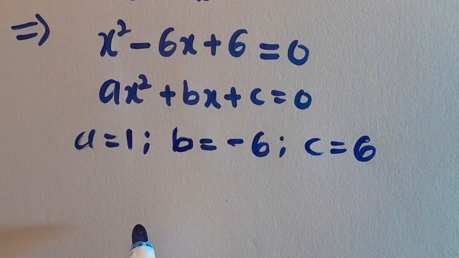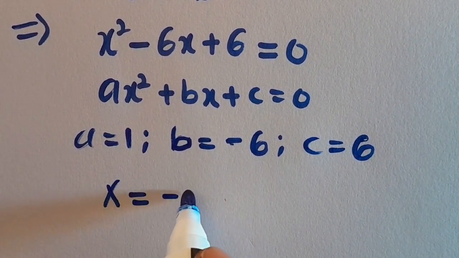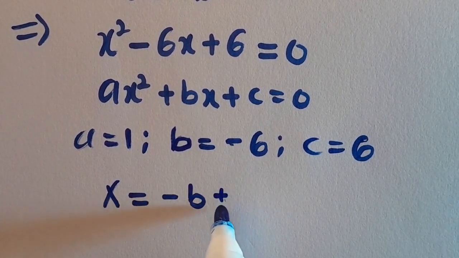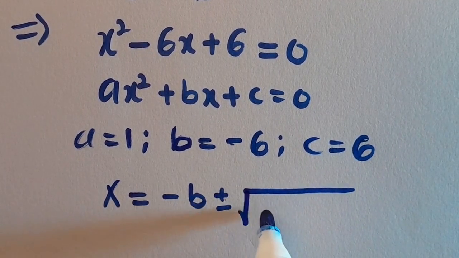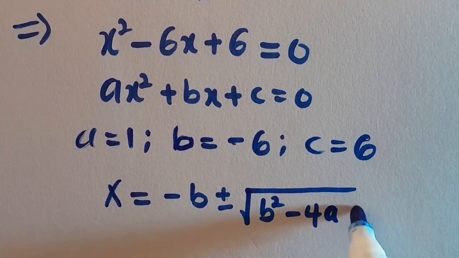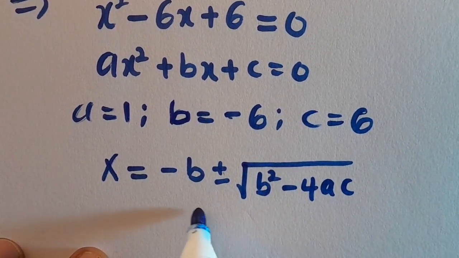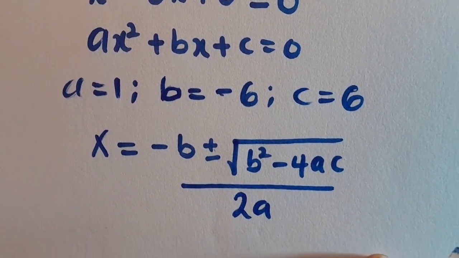Now by recalling the formula, x equals minus b, positive or negative, square root of b squared minus 4ac, all divided by 2a.